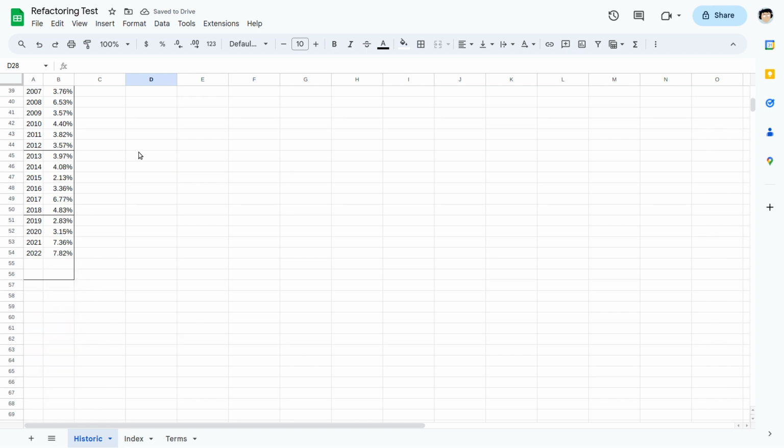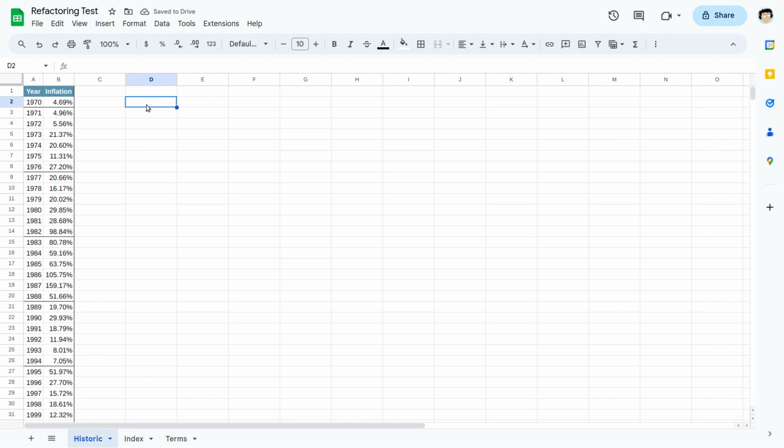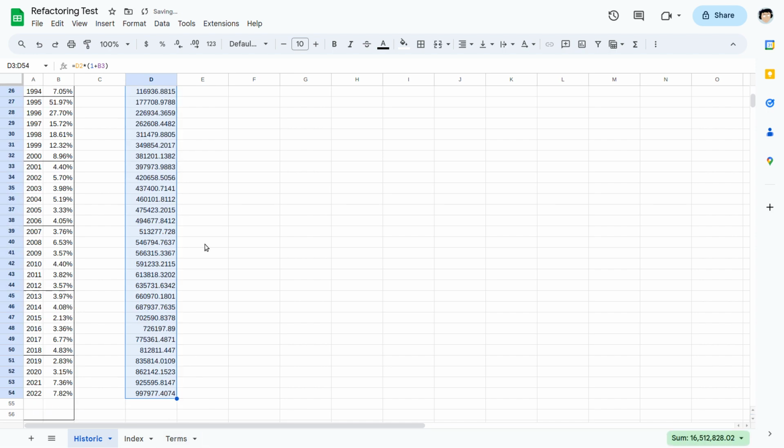I'm gonna start with this 1970 as the base, so that's gonna be 100, and then I calculate by year what will be the index based on that number. So it's this times 1 plus the percentage of inflation, and then just all of those years.